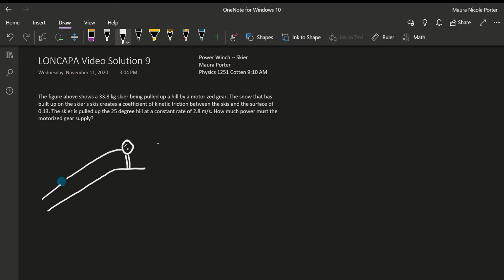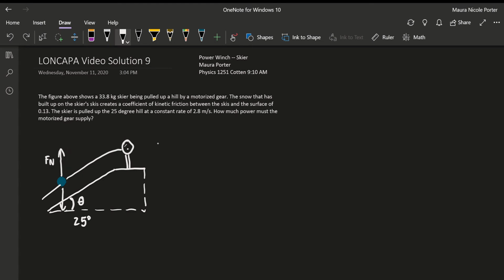For starters, we can give our hill an angle, which is going to be theta, and theta is 25 degrees. The other things that we know is we're going to have a normal force, the force of gravity acting on the skier.